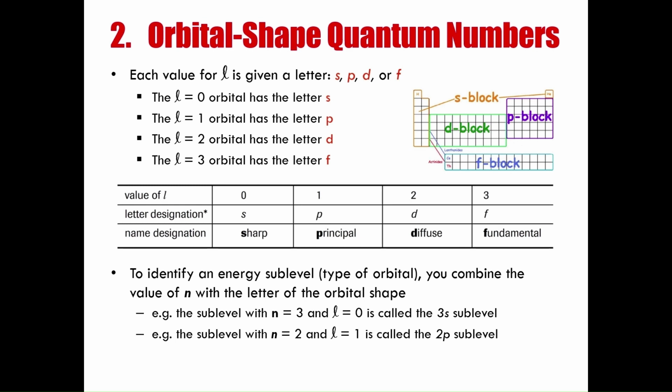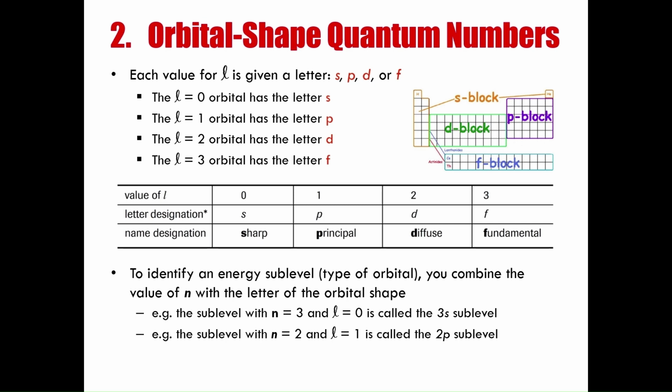So like I said before, for any given value of L, you have a specific type of orbital shape. And so each orbital shape is not only represented by a number, but it's also represented by a letter. So for the orbital shape that's described by L equals 0, we also have the letter S. L equals 1 has the letter P. L equals 2 has the letter D. L equals 3 has the letter F. These letters are actually the start of the name of that orbital.